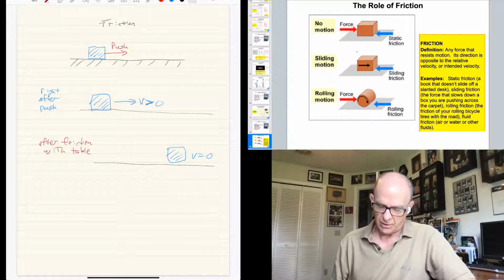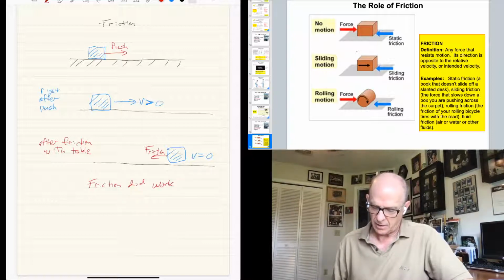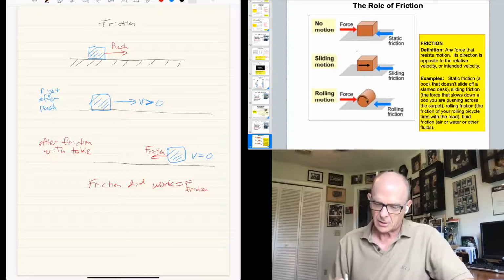So friction did work. The force of friction acted on this block against the direction that it was moving, and the amount of work that it did was equal to the force of friction, which I'll just call F sub friction, times the distance that the thing traveled.